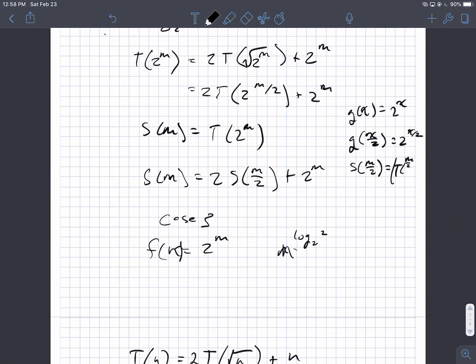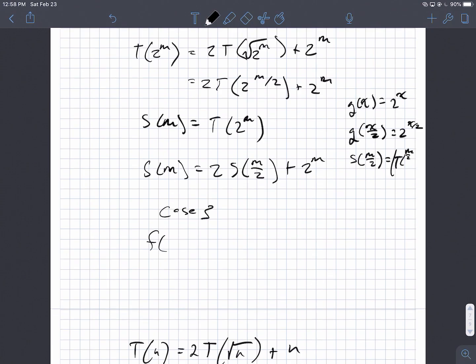Let's see. So we got... Oh, it's actually case 1. It's case 1 of the master theorem. If you want to just walk through that. Log base b of a. b is 2, a is 2, so that is just n. 2 to the m is big omega of n, right?